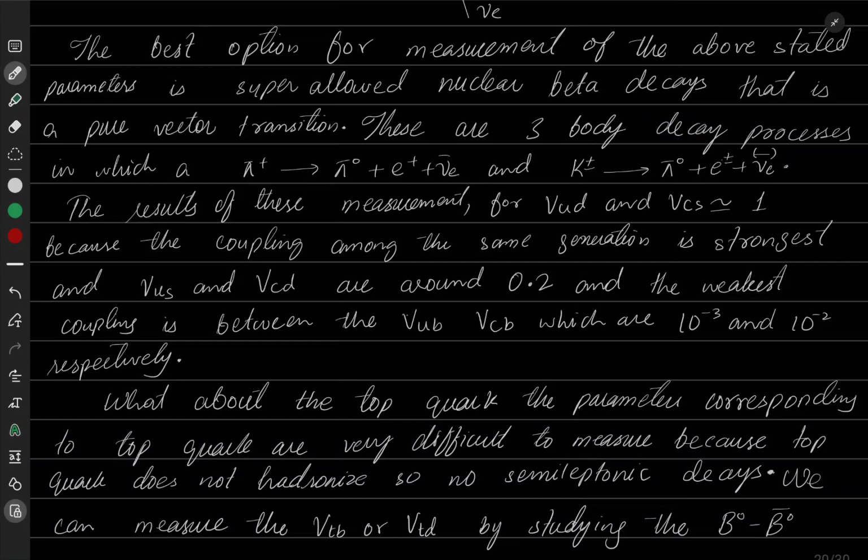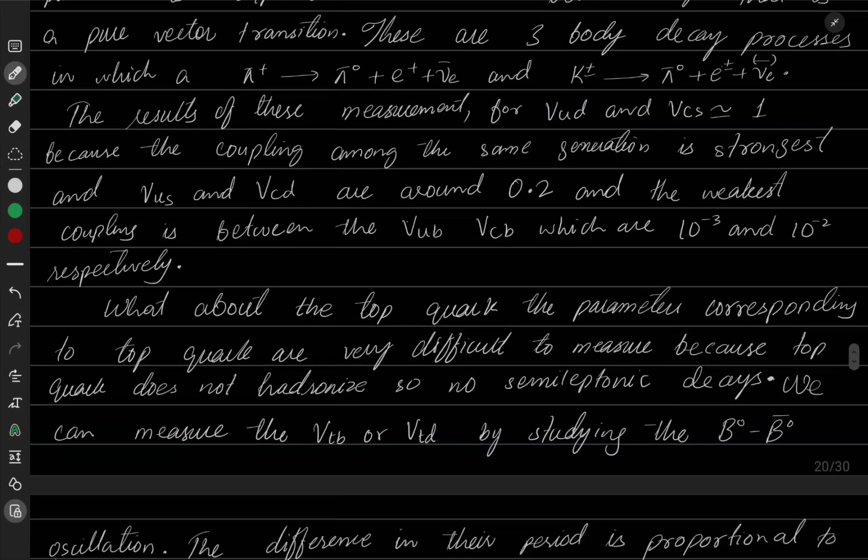And the coupling of the first generation with the second generation, for instance V_us and V_cd, is around 0.2. The coupling of the first generation and the third generation, V_ub, is about 10 to the minus 3, and the coupling of charm and bottom, the second generation and the third generation, is about 10 to the minus 2 respectively.